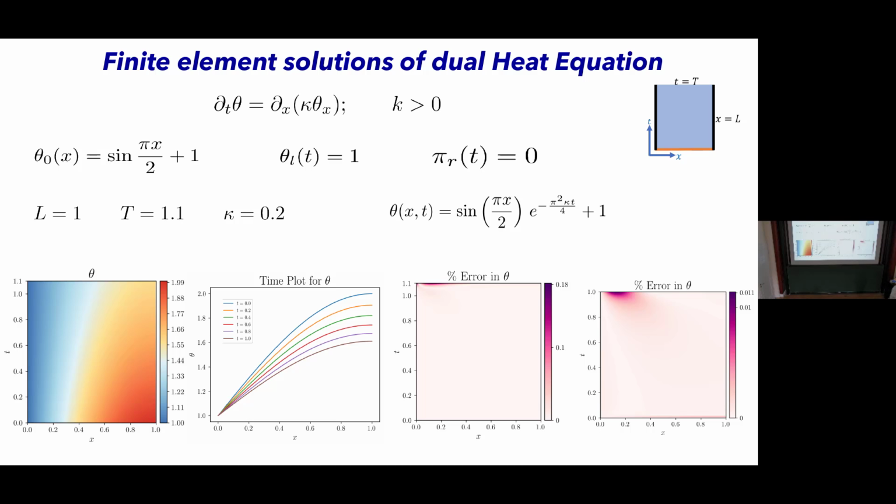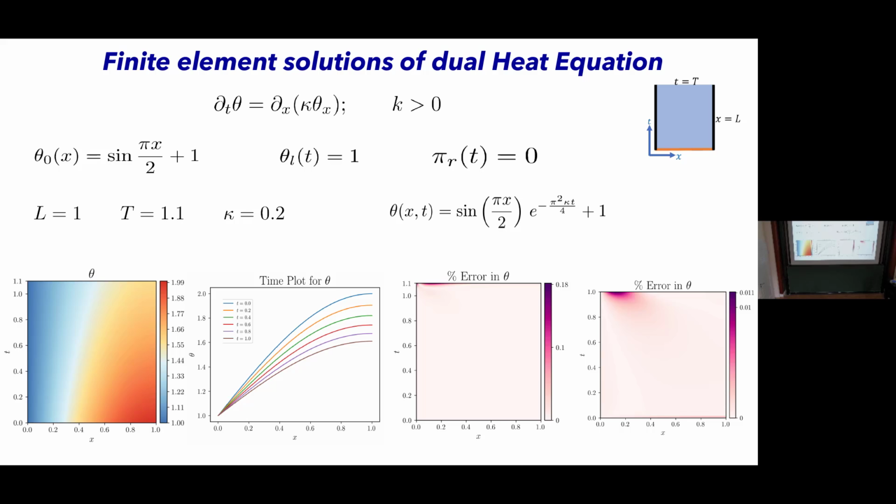Okay, so this finite element calculation. Of course, I'm not suggesting that the heat equation be solved by this crazy method, but it's a good check, right? So that's that. Initial condition, left Dirichlet, Neumann, L is 1 and T is 1, kappa is 0.2, just to be able to see time plots going that way.